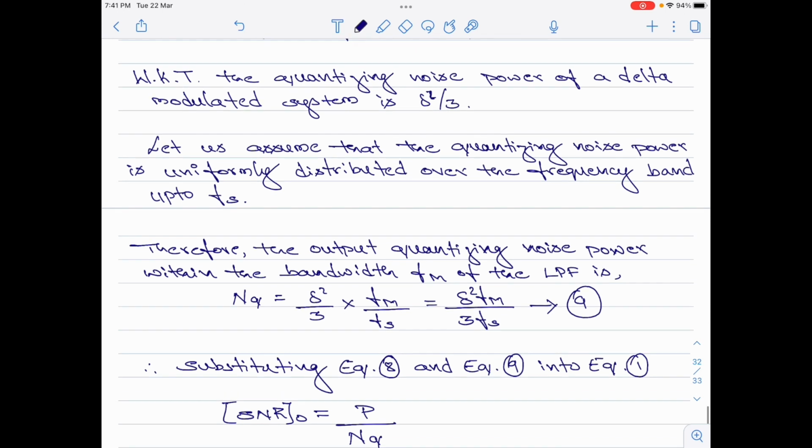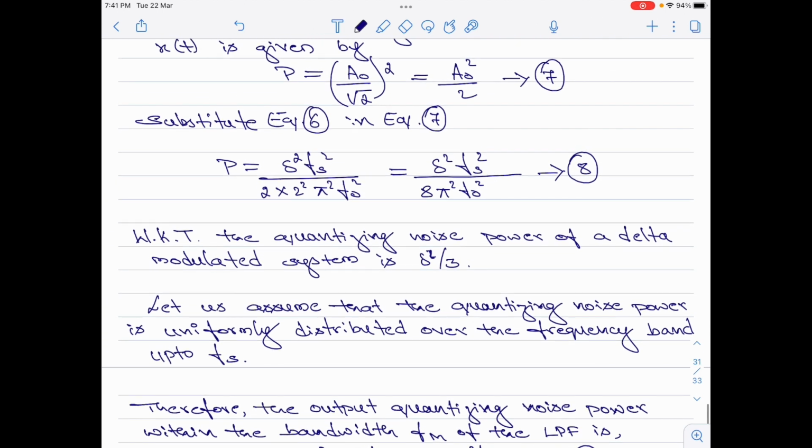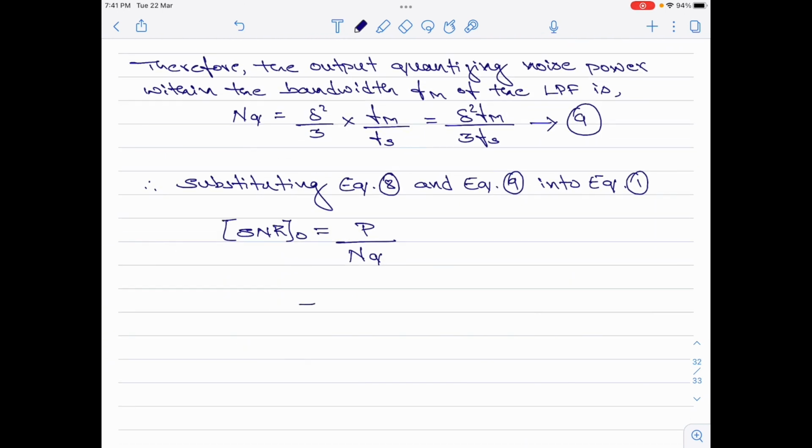Let us substitute the equation 8 RHS here. This is equal to delta square Fs square divided by 8 pi square f naught square. Then we have the quantization noise power, which is equation 9. I am going to write this by taking the denominator and numerator inverse. So, this will be multiplied by 3 into Fs divided by delta square Fm.